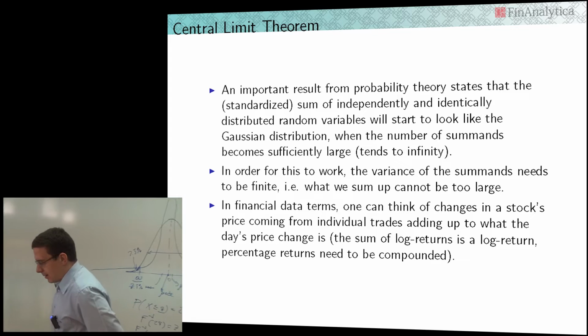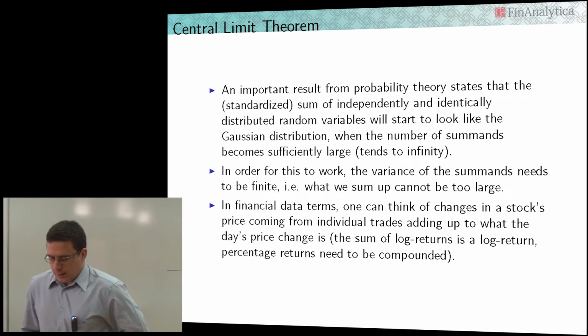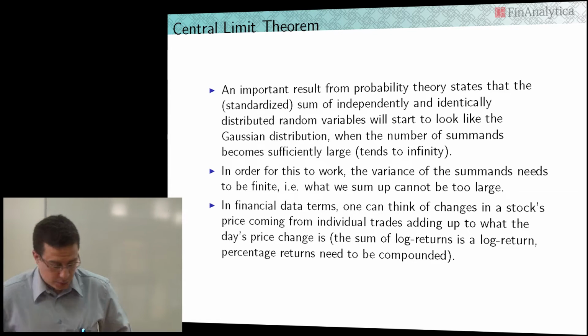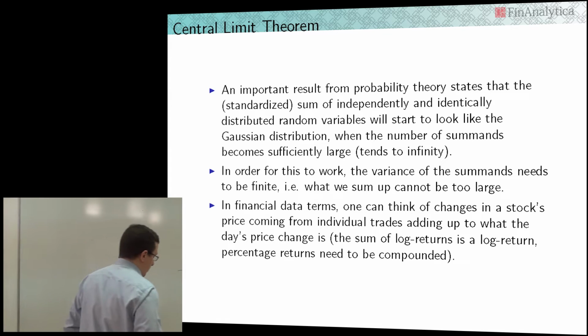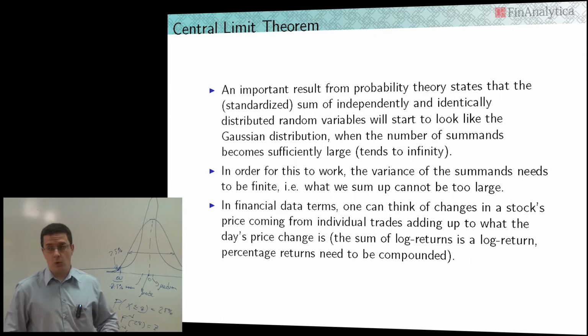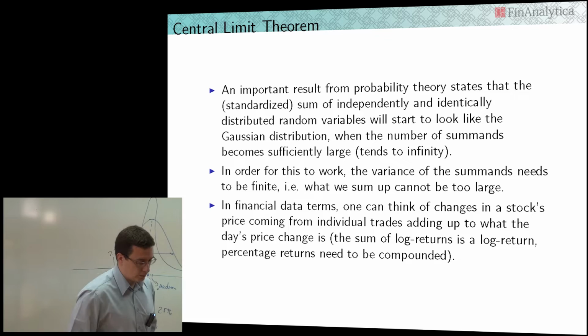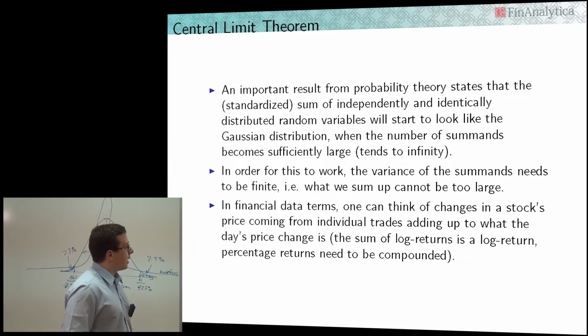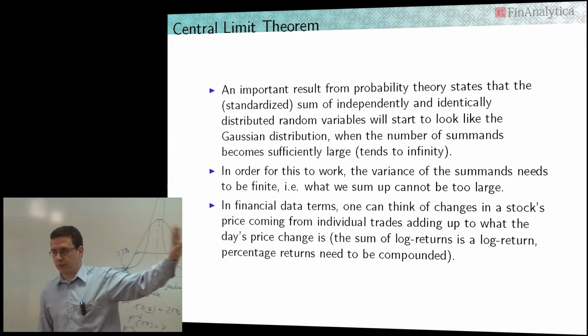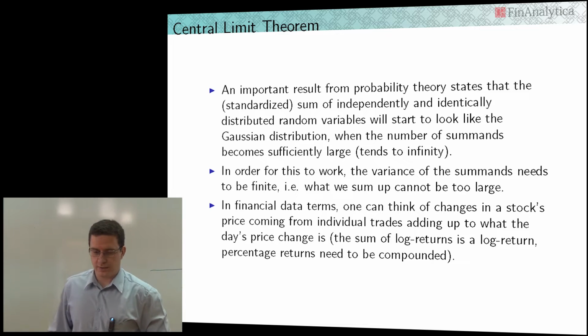And the other thing that I personally find fascinating about it is the central limit theorem. Hopefully, I'm not giving too much details here. It's a really nice theory, and you should definitely take a look at it.